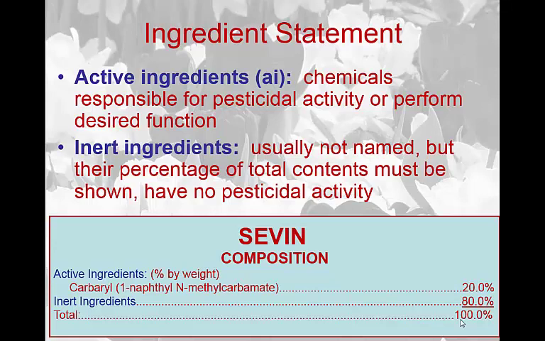There is an entry interval, and it'll tell you how long you have to wait before you let animals back into the area that you've sprayed. Or, well, for pets, it's when it's dry. If you have anything that eats the plant material, it can be anywhere from a couple hours to a couple of weeks, depending on the chemical you use.